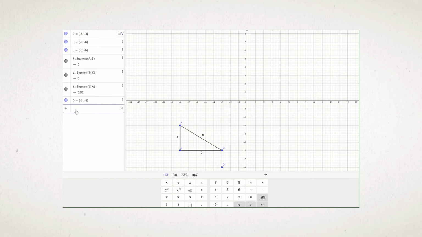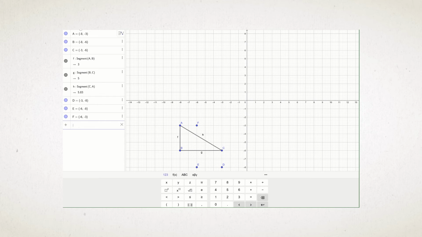And then the inverse of point B, which was (-8, -6), I'm going to call E, equals (-6, -8). So there's point E. And then finally, point F is going to be the inverse of point C. Point C was (-3, -6), so the inverse is going to be (-6, -3).